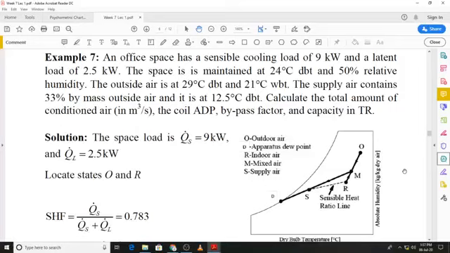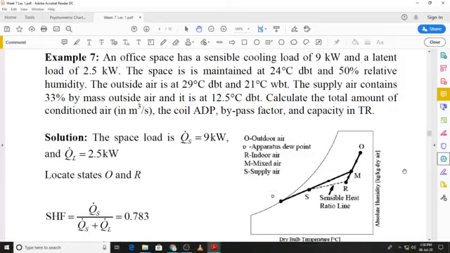That should be the objective, that if you are able to locate all the state points of the cycle on the actual psychrometric chart, then we can find out any answers that we need for the given cooling cycle. And similarly for a heating cycle, the objective is to locate all the state points.